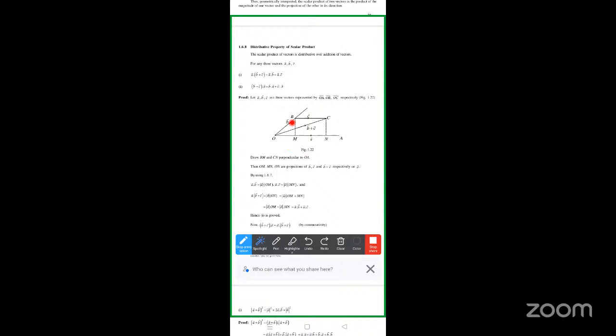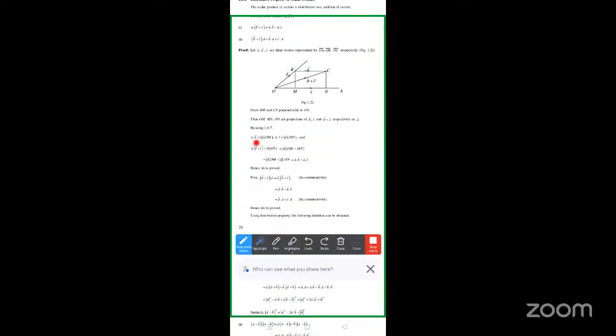So we can see the diagram. We draw BM perpendicular to OA, and OM and ON are the positions of the projections of B, C, and B plus C respectively on A bar. So these are the projections on vector A bar, which is OA.